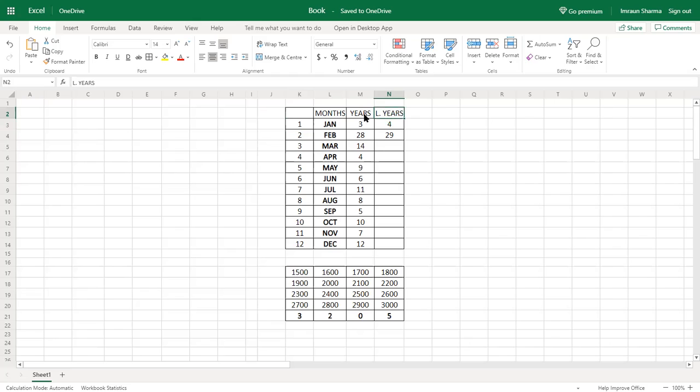And for the leap year of Jan, we can find out using the default date and the first month, so it's basically 1 plus 3 equals 4. Easy, right? Now, for February, the second month, it's basically the last date. In normal years, it will be 28, and in leap years, it will be 29.